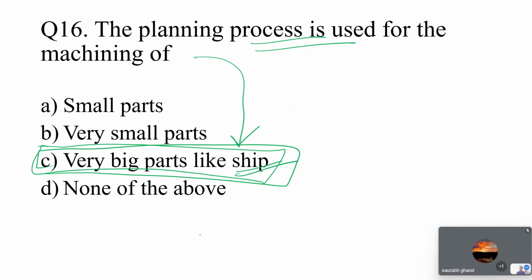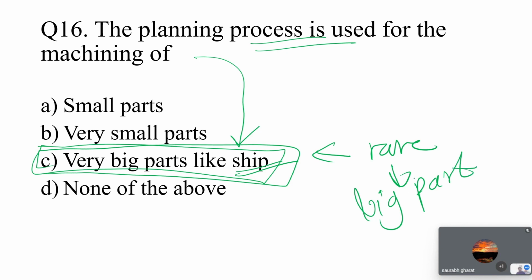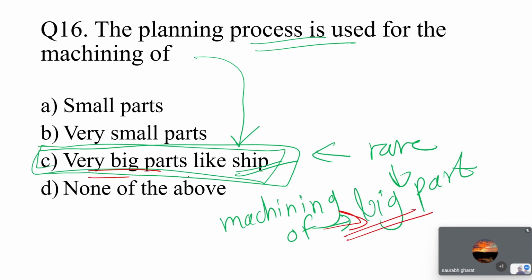There we have to use a different mechanism, because the force would be very high if you used the quick return mechanism, so you can't use that mechanism. And planing is a very rare process, used for big parts.